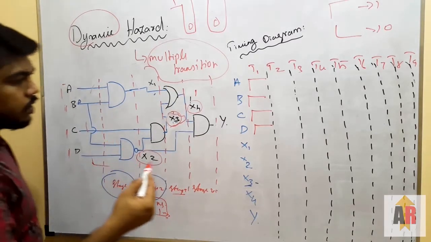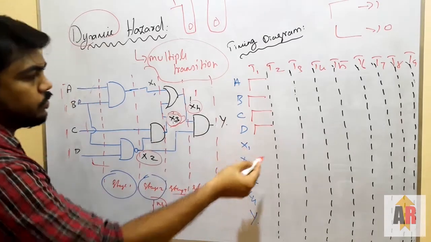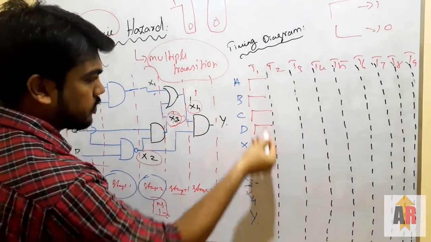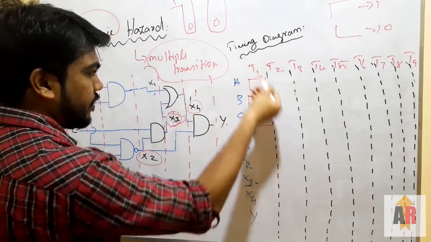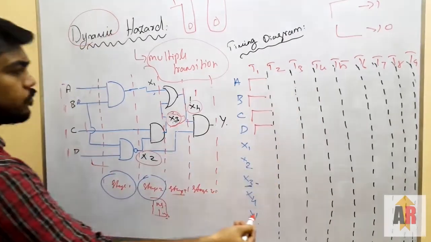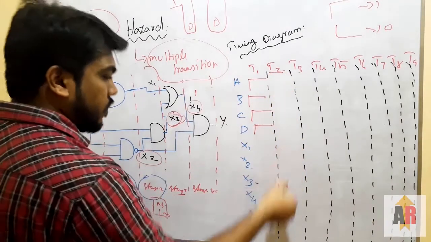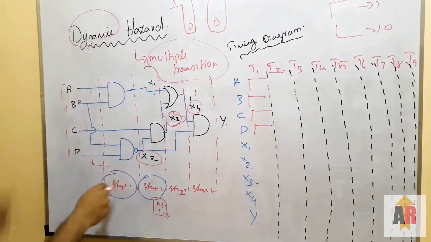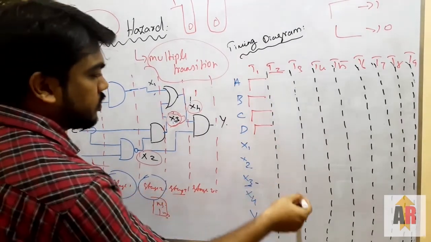So direct output I will try to implement in this area, because when I give the input over here, after 1 nanosecond delay only you are going to get the output. So it occurs at time 2, and I am not going to talk about the stages. I am just going to show the output.